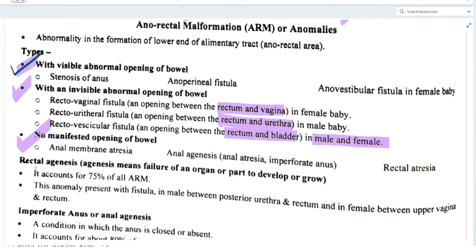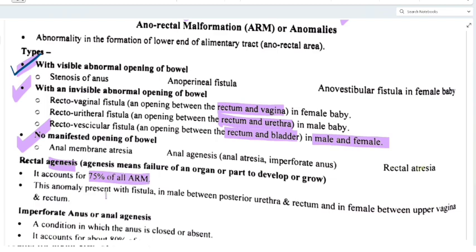Then rectal agenesis में क्या है देखो. Agenesis means failure of an organ or part to develop or grow. Agenesis का मतलब ही है failure of developing or growing, right? So it accounts for 75% of all ARMs. Clear?